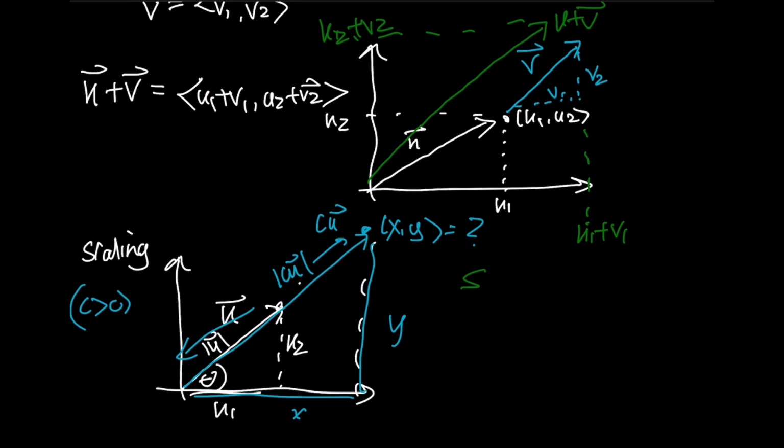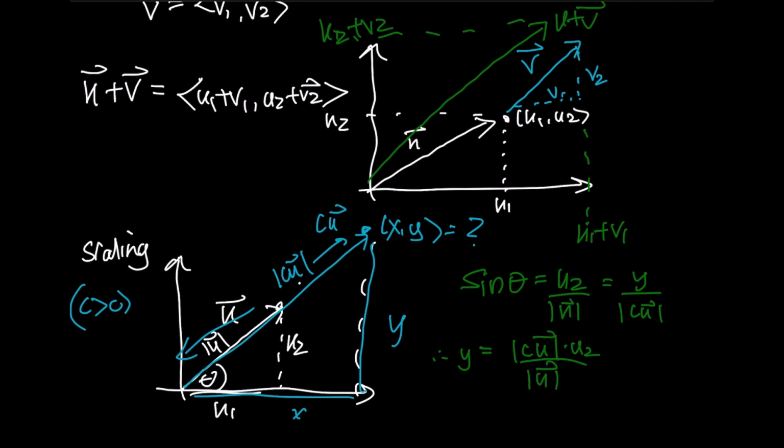The sine of theta is opposite over hypotenuse, so it would be u2 over the length of u, but these two triangles are similar triangles, and that means it would have to be exactly the same as y over the length of cu. And that means y is equal to the length of cu times u2 over the length of u.